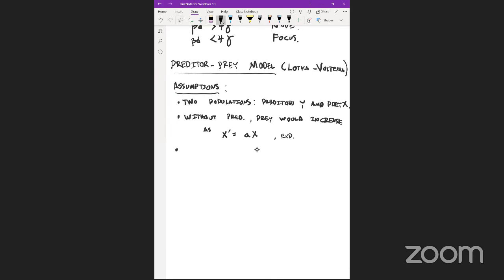Similarly, we want to assume that without the prey, the predators would die off, and that they die off exponentially. So basically the assumption here is that in order to birth offspring, they need to hunt.